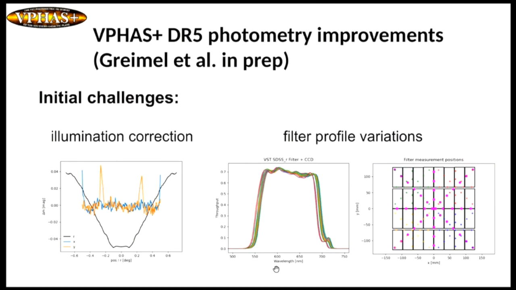And in addition to that, there is a problem that has to be considered, that each filter, being very large, has a dependence on the position where the sources are detected. So the response of the filter changes a bit with position.